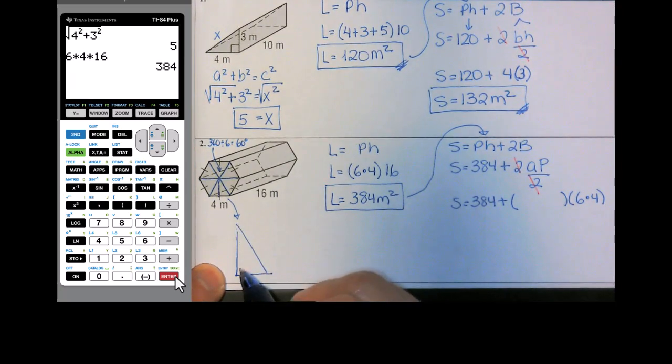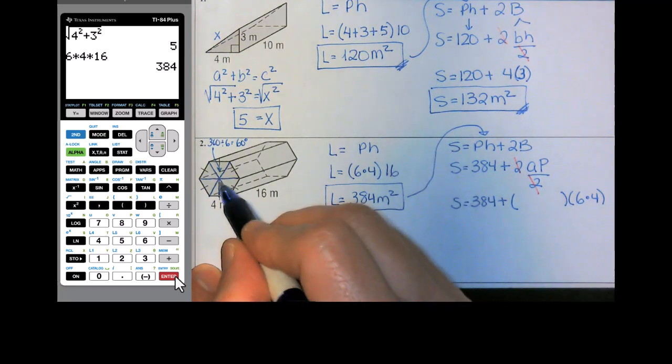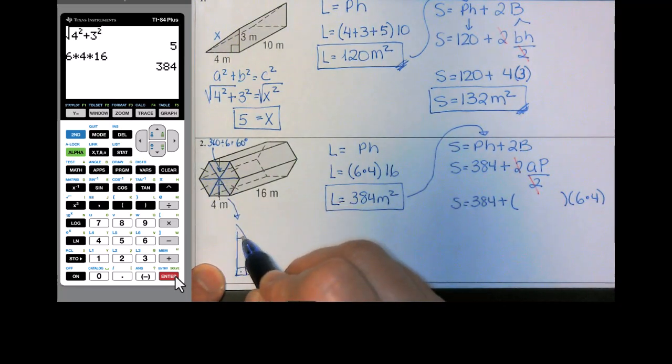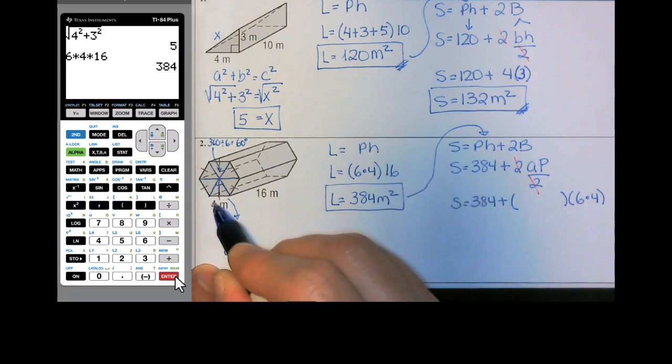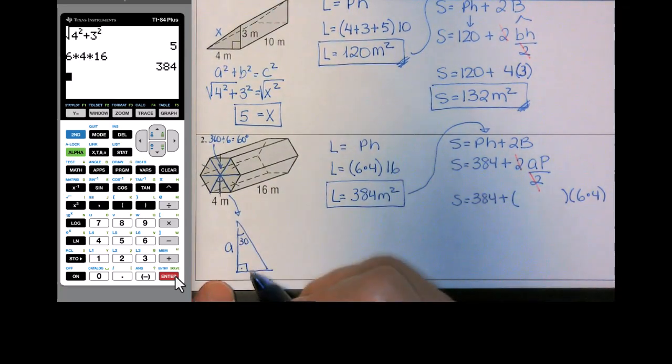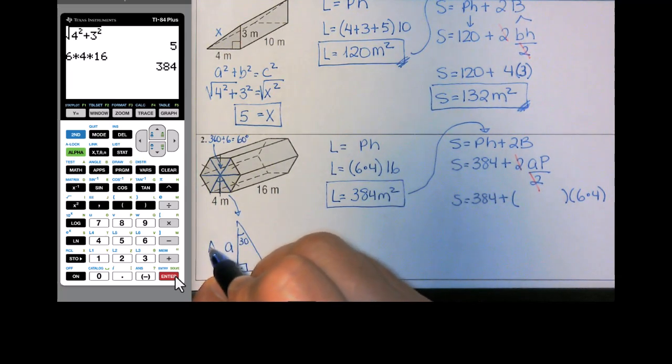So basically, this is my triangle here. And this here is 60. If I divide it in half, this would be 30. This would be my apothem. This side here is 4, but if I cut it in half, this would be 2. So there you go. I have 30 in front of it. I have 2, so that would be my opposite side. And this would be my adjacent side.